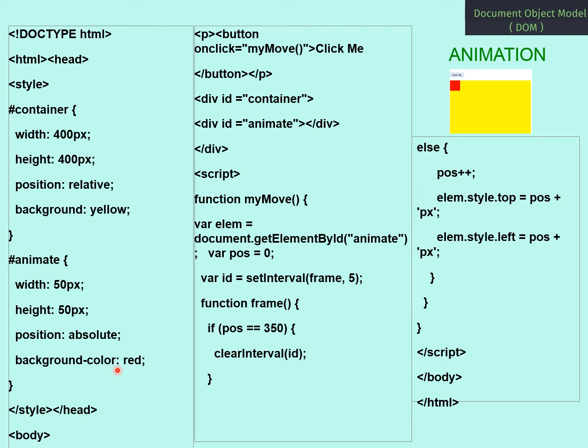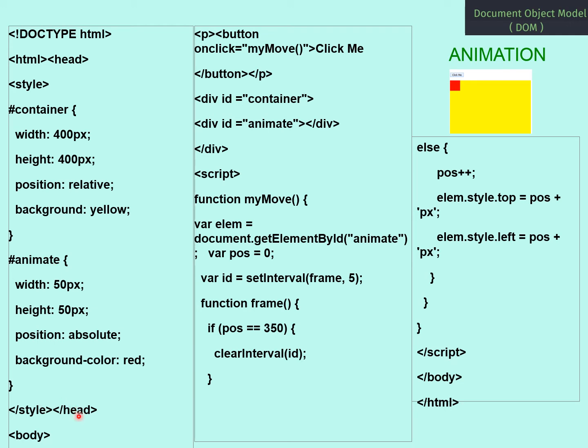After the style definition, the head tag is closed. So #container and #animate are ID selectors. After specifying the details related to container and animate, the style tag is closed and the head tag is closed.